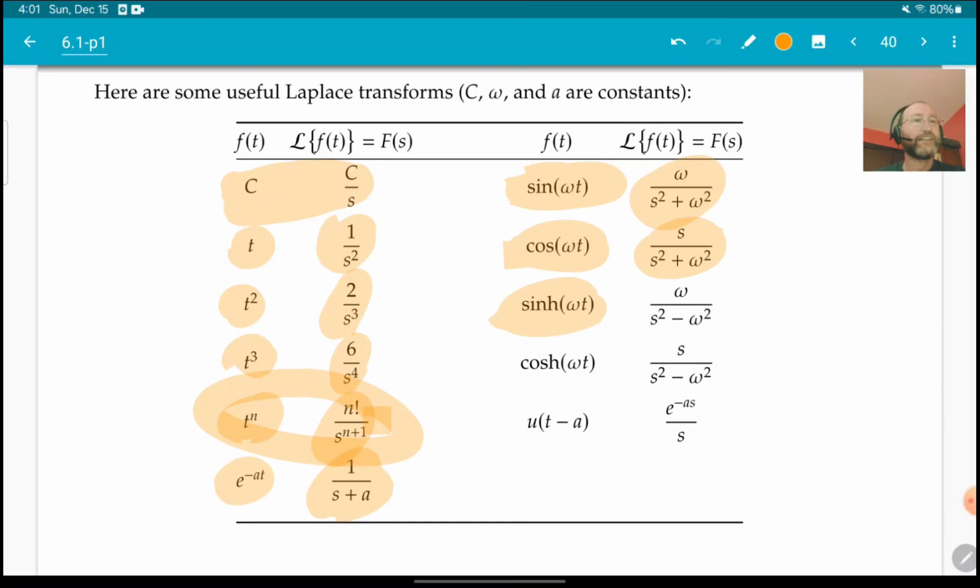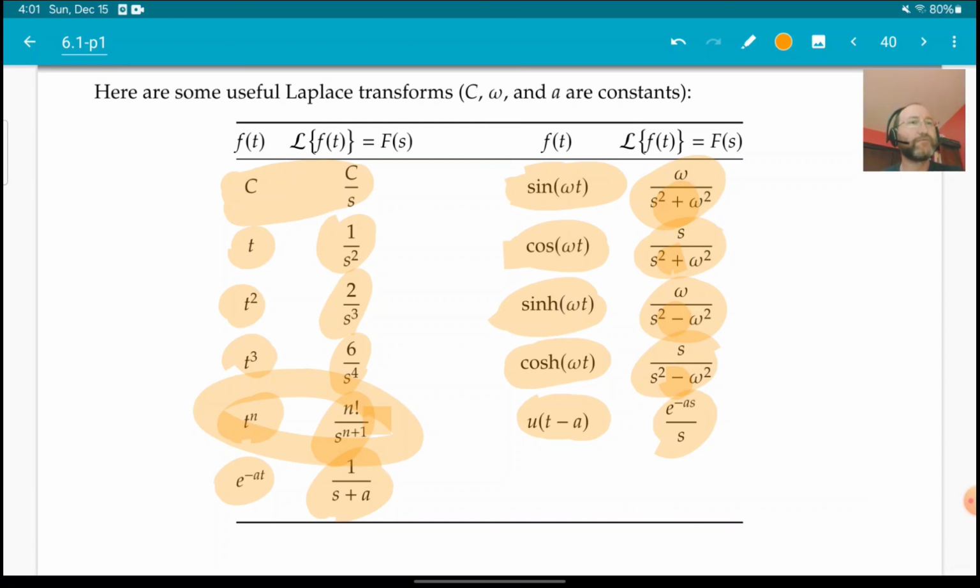If you have sinh, sorry, hyperbolic sine of omega t, you get this. Very similar. Notice the difference is the sign in the denominator. Cosh, again, is very similar to cosine, again just the difference in the sign in the denominator. And we did the Heaviside function. That was this thing.